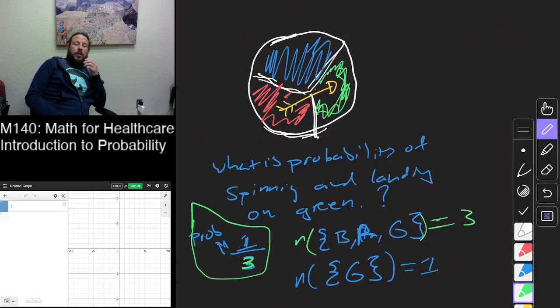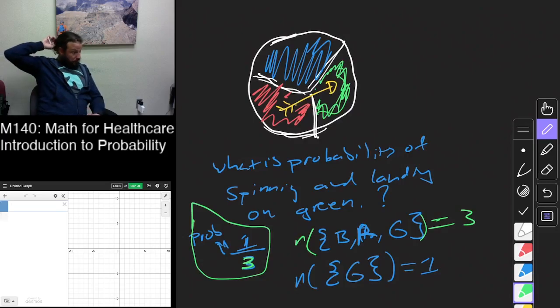What we mean is that in the long run, if we spun this, say, 1 million times, we'd expect to land on green about a third of those spins, a third of the 1 million.